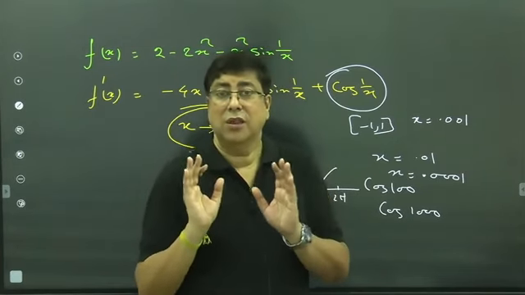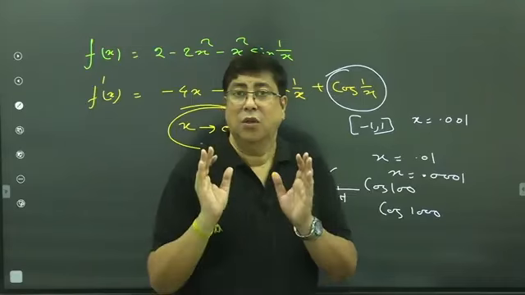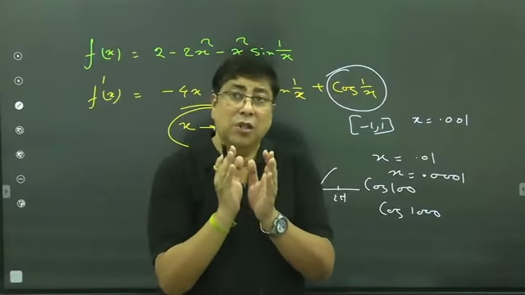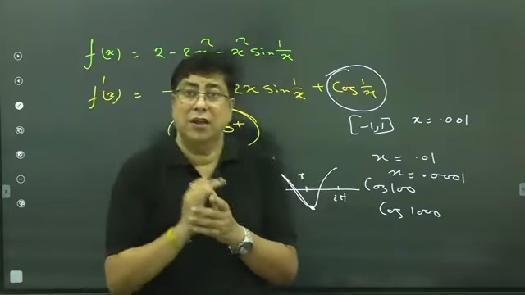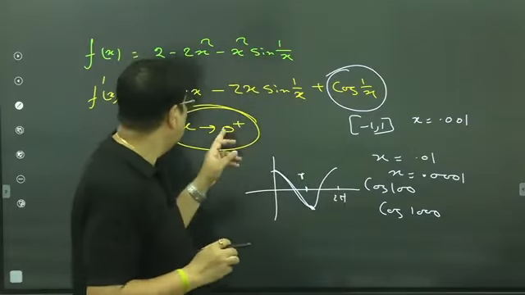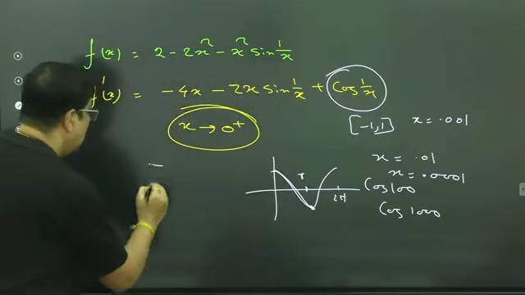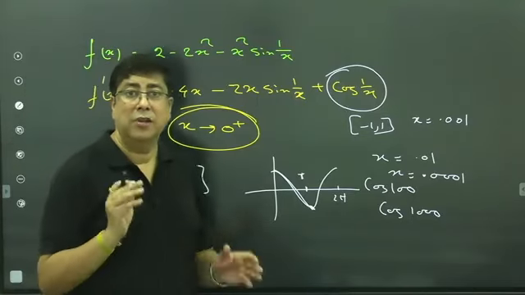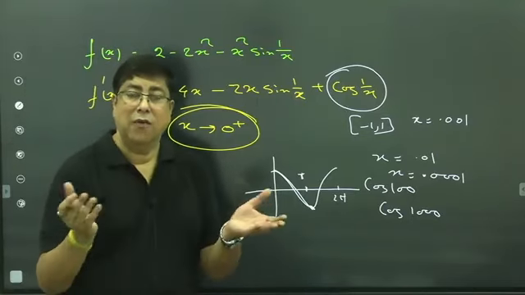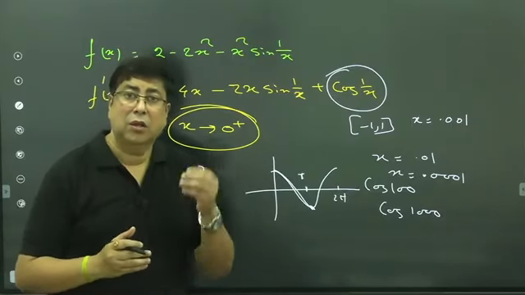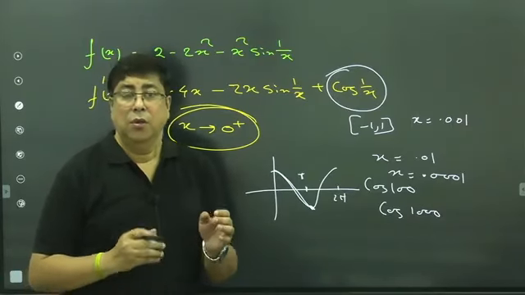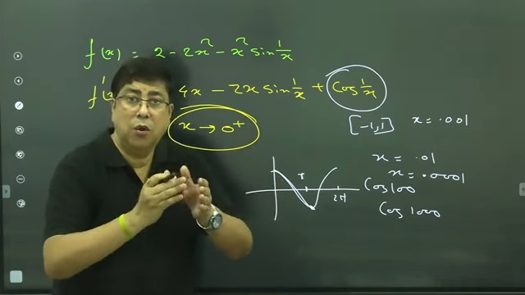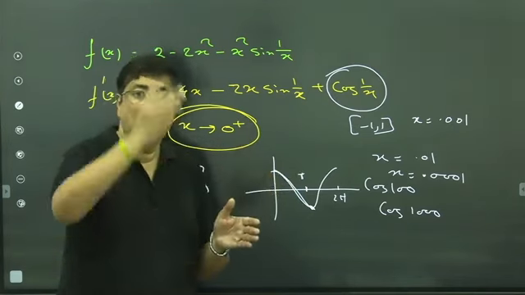So everybody, there is no chance that we can decide any interval delta. Interval delta means delta should be properly finite, the interval should be properly finite, but no matter how small a value you take, within that there are a lot of periods of 0 to 2 pi, a lot of cosines, once up, once down, one up, one down.